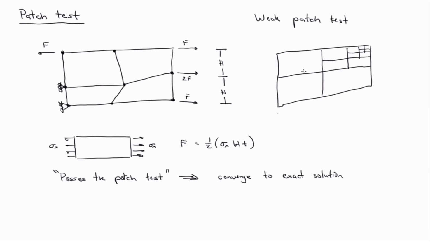Even if I have, in this case, it's not that irregular, but if we look at this element here, a sort of irregular shape, if I just do multiple refinements on it, eventually down here I get something that looks more like a parallelogram versus an arbitrary quadrilateral. And again, that would have something to do with the numerical integration scheme.